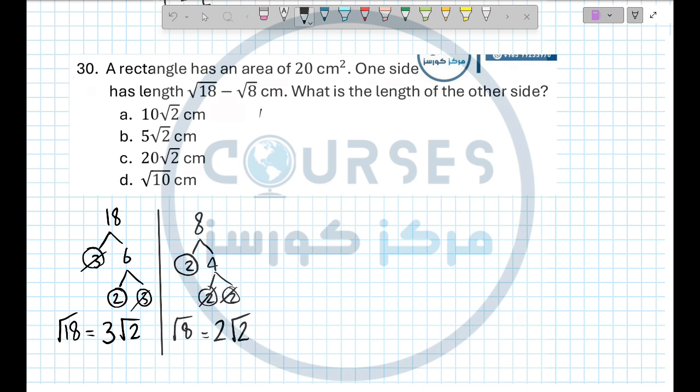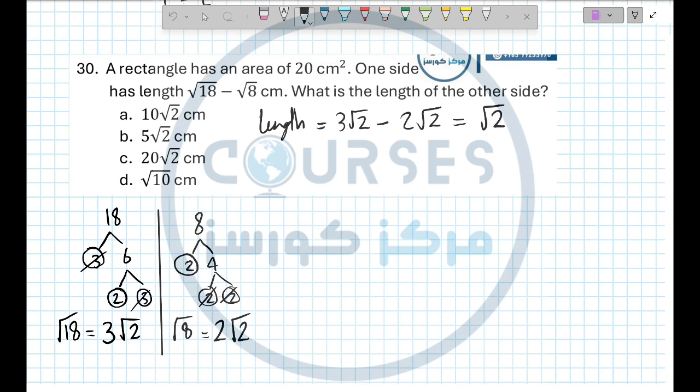So the length is actually square root of 18, which is 3 radical 2, minus square root of 8, which is 2 radical 2. 3 radical 2 minus 2 radical 2, consider the radical 2 just like an x. So that's 1 radical 2, which is just radical 2.